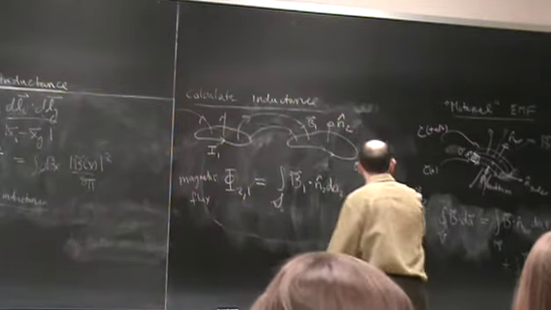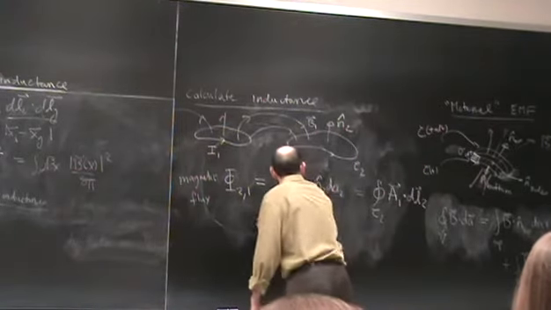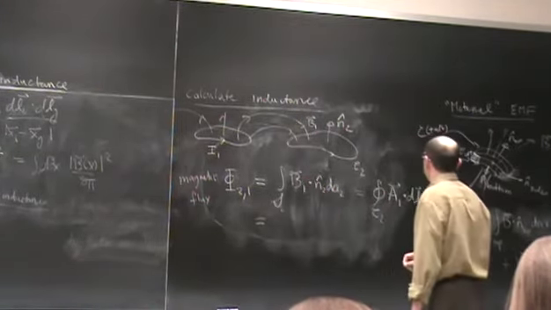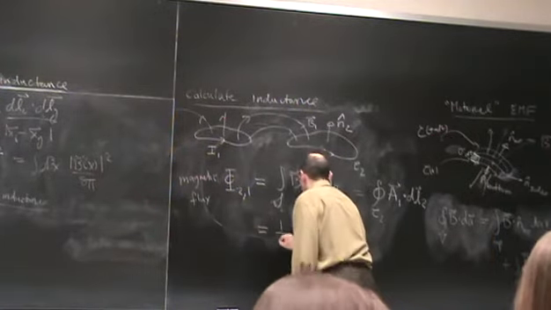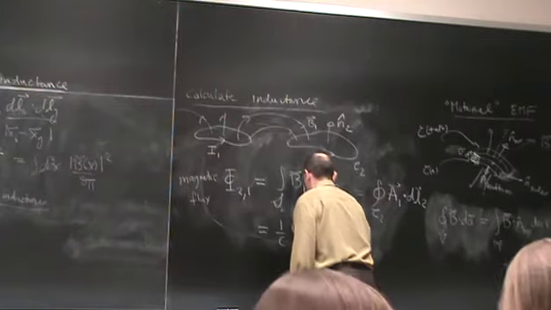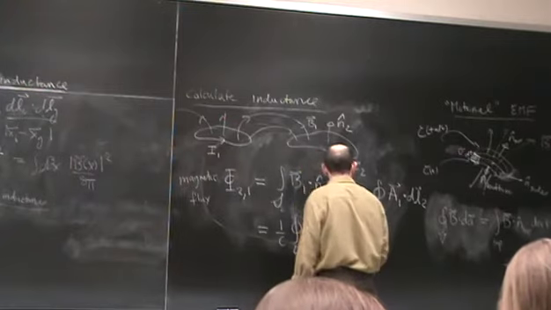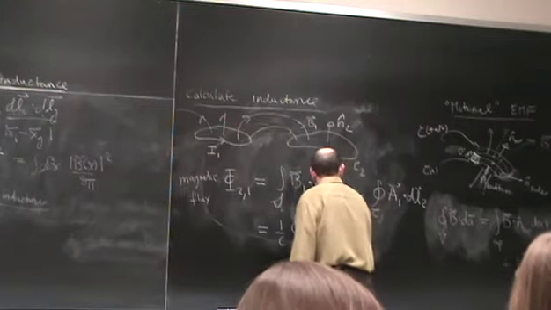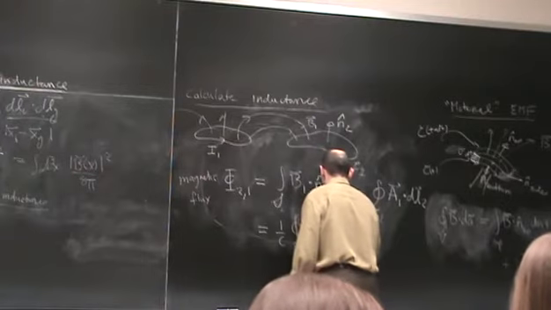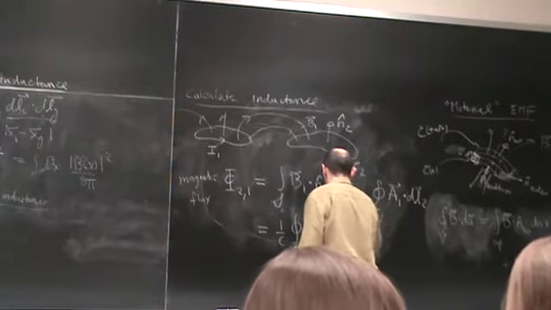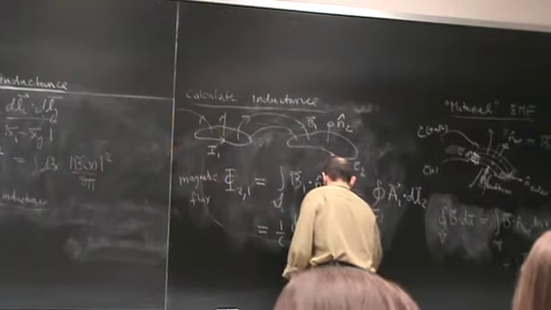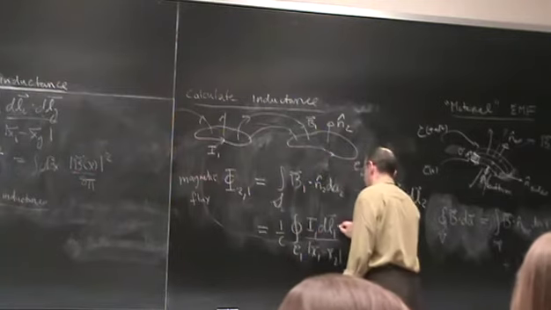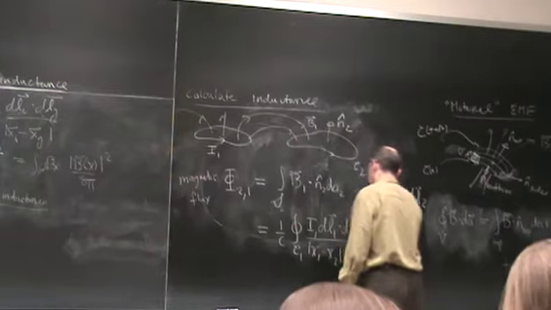And so if we plug in again for the vector potential in terms of the current, that's equal to the contour integral through contour 1 of I dl1 divided by the distance, that dotted into dl2.